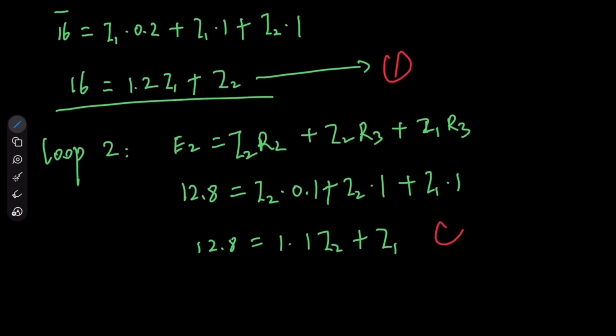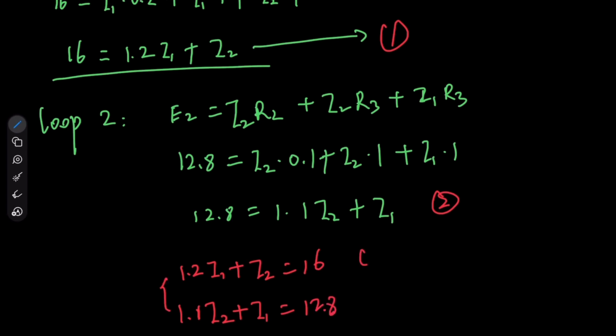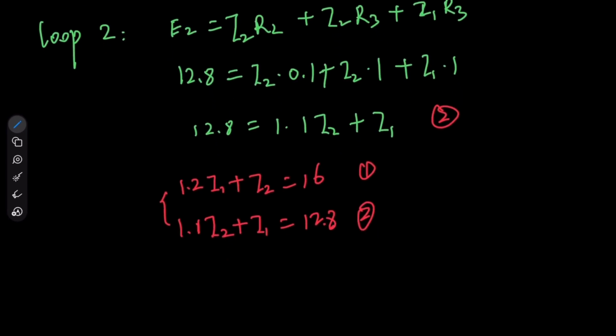So this will be our equation 2. Putting them together, 1.2 I1 plus I2 equals 16, and 1.1 I2 plus I1 equals 12.8. This is 1, this is 2. Then we just use math to solve these two equations and we can get I1 and I2.